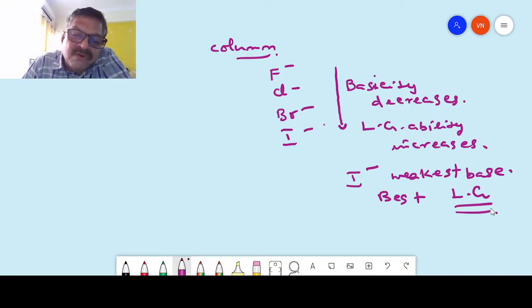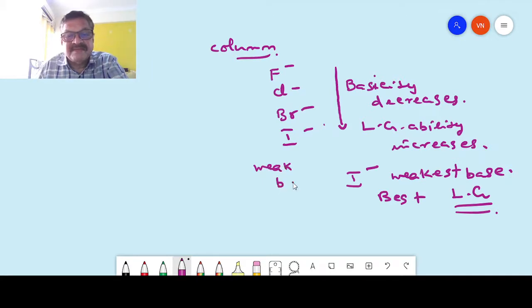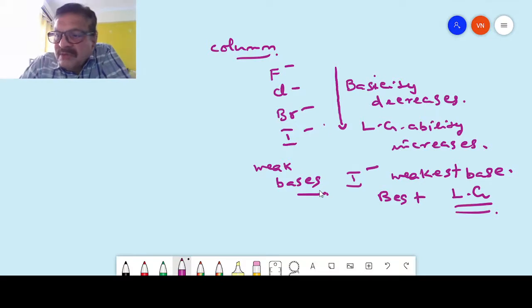Now, all very good leaving groups are weak bases. That is the most important point here. Good leaving groups are weak bases, and a weak base has a strong conjugate acid.